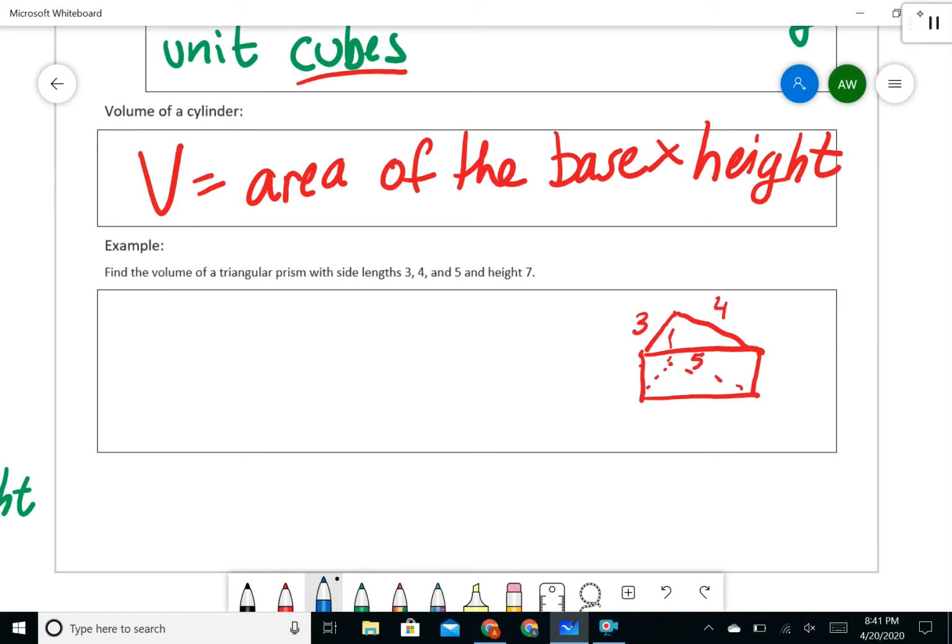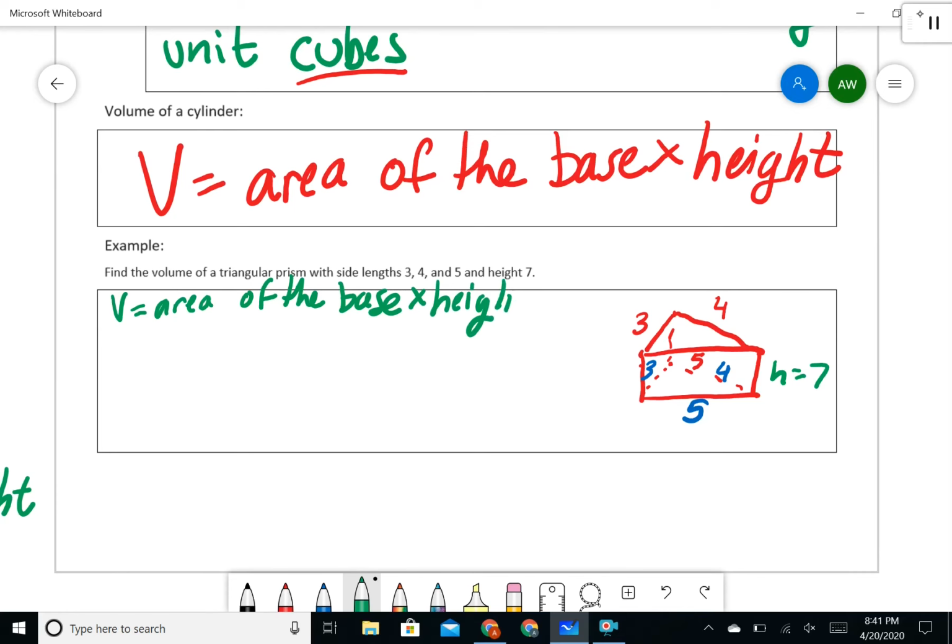Now on the bottom I also have 3, 4, and 5, right? And I know that my height is 7. So the first thing I need for my volume formula is the area of the base, and then I'm going to multiply that by the height, right?